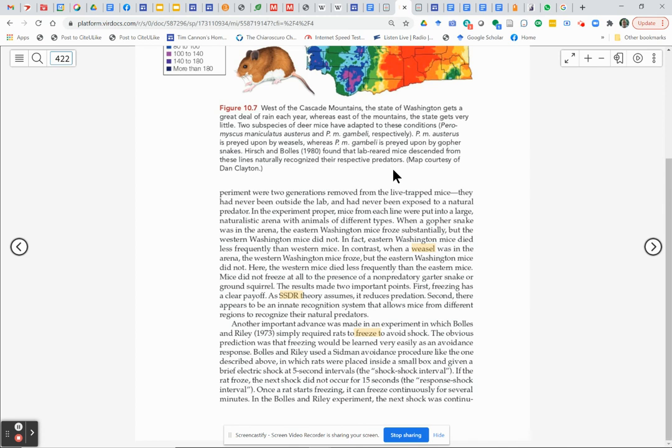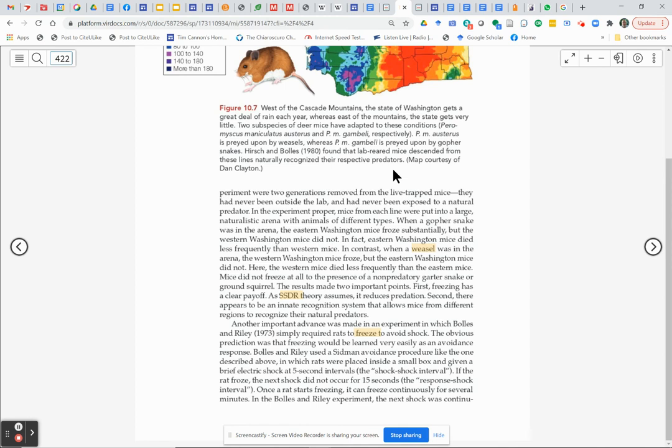They exposed the mice to the predators, and they didn't do it kindly and gently. The predators were able to eat them if they wanted to. The eastern mice were munched on by weasels pretty easily. They weren't afraid of weasels. But the western mice were afraid of weasels, and the eastern mice were afraid of snakes, and the western mice were not.